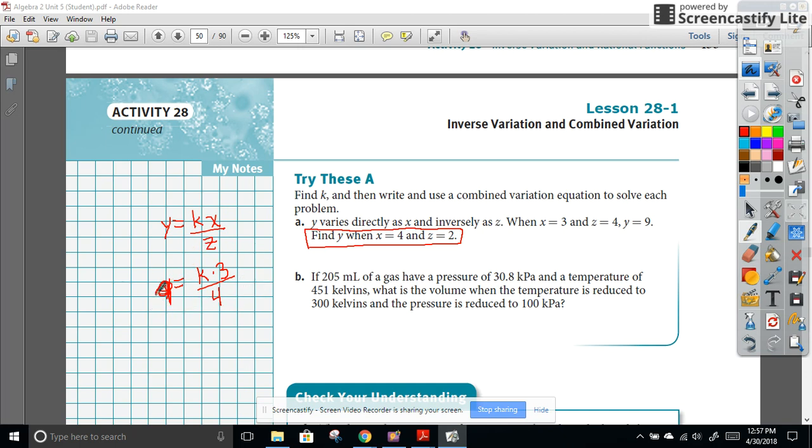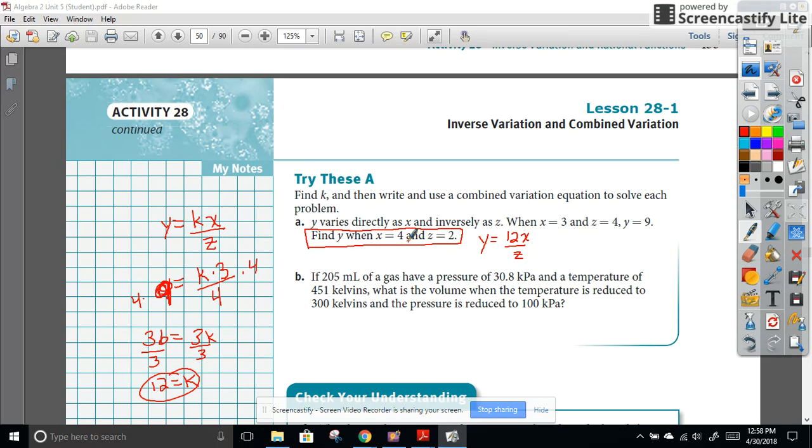So we've got 9 is equal to K times 3 divided by 4. Get rid of the 4. Multiply both sides by 4. We get 36 is equal to 3K. Divide both sides by 3. 36 divided by 3 is 12. So that means my constant of variation is 12. When I go back over here, I can write my equation, Y equals 12 times X divided by Z. There's the directly and inversely.